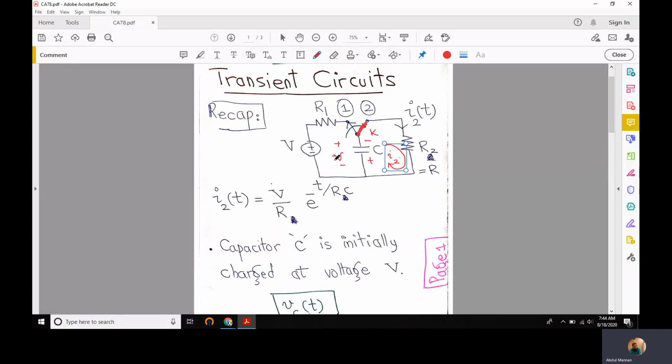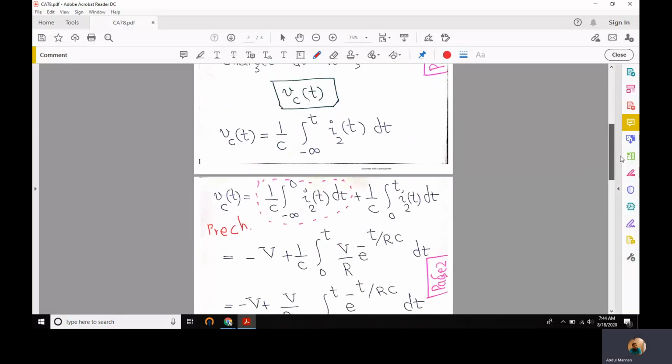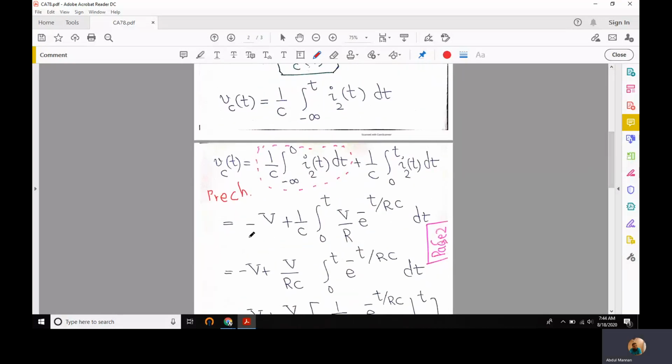But the voltage that is already available across the capacitor is in the opposite direction. Therefore, we should put a minus with the capital V. Because this is in opposite polarity, we put a minus here. So minus V is the pre-charge voltage, the already available voltage across the capacitor.